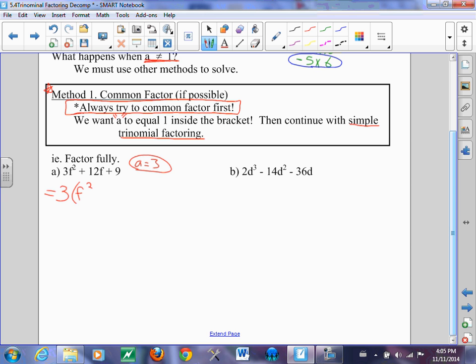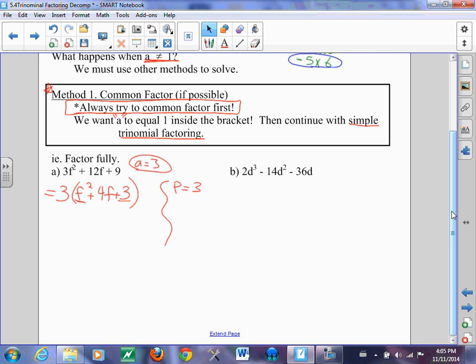So it'd be f squared plus 4f plus 3. Okay, check inside your bracket. Can you do any more factoring? Well, hey, this is a trinomial factor. And now we know that a now equals 1, which is great. So that means we can go product equals c, which is 3. And my sum equals b, which in this case is 4. What are the only factors, folks, that get you to 3?